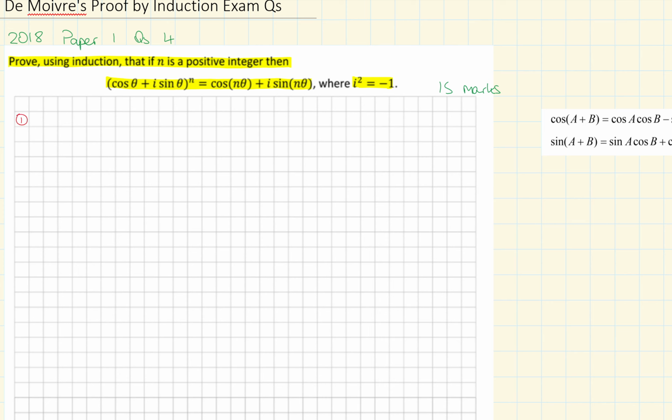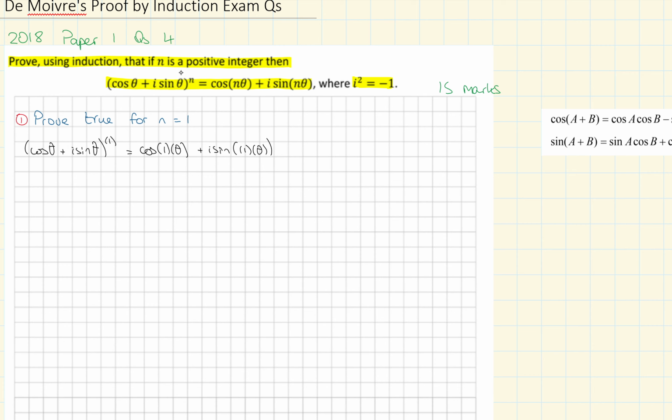So as always, step 1, we're going to prove true for n equals 1. So we get (cos theta plus i sine theta) to the power of 1 will equal cos of 1 by theta plus i sine 1 times theta.